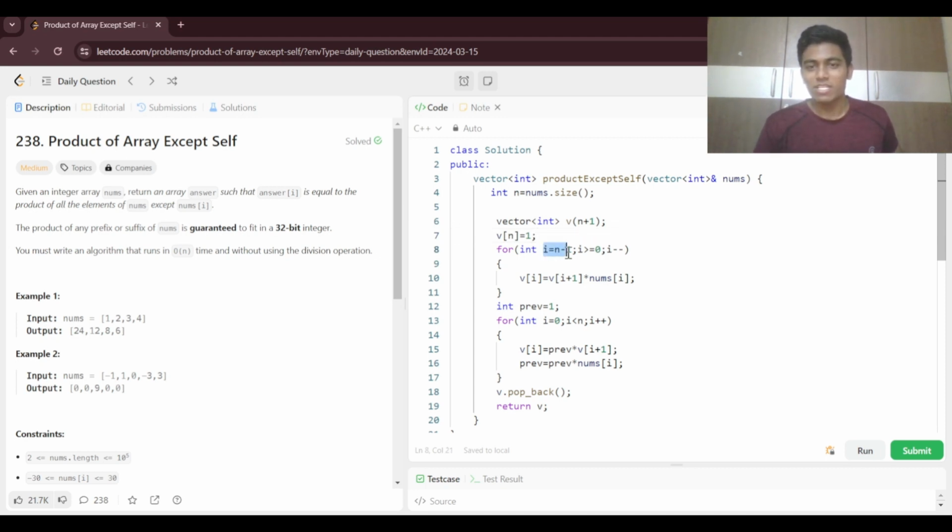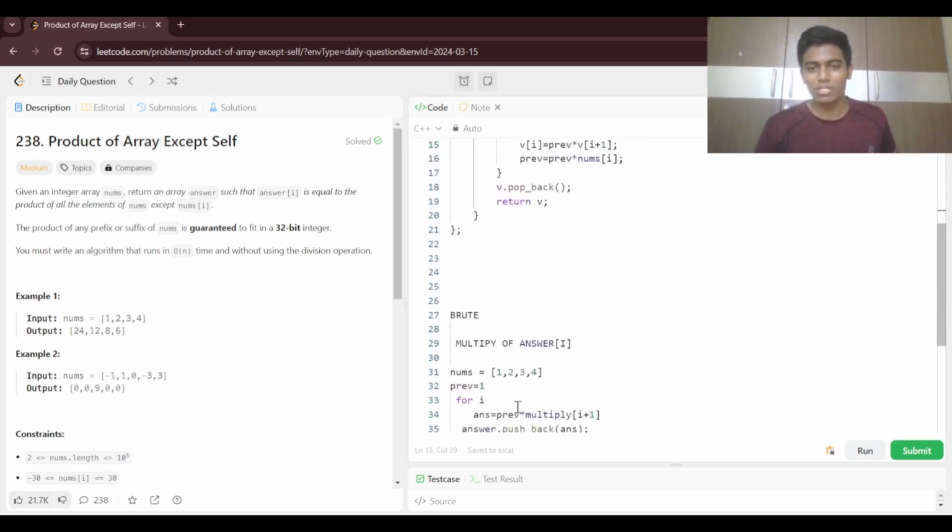So we consider the right multiplication that is present, and the current multiplication. After multiplying all of these things, we keep it in v[i], and this will contain all the multiplications, and then we go through each element present in the array.